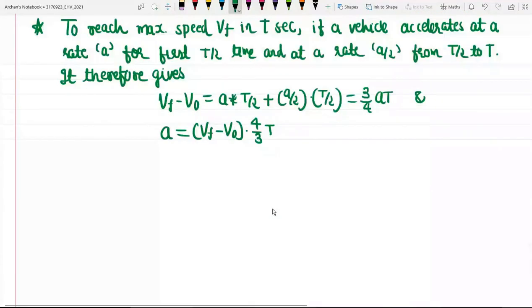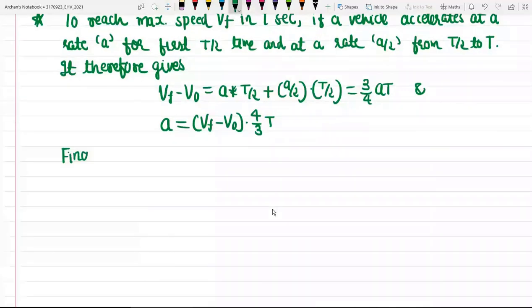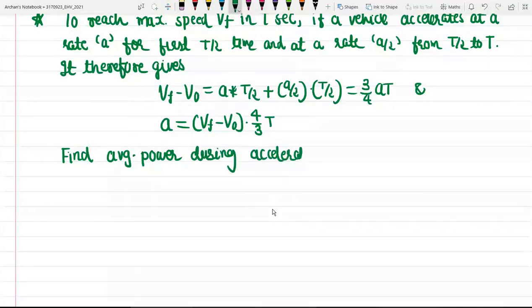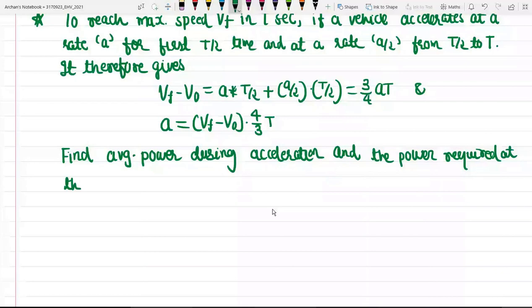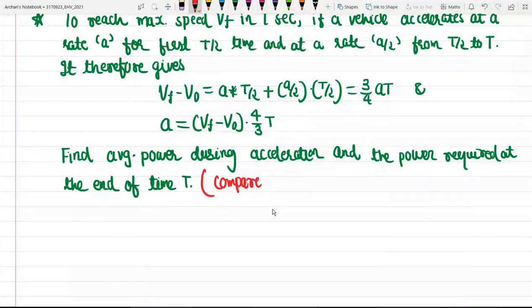So this is the data available to us, and using this data we need to find the average power during acceleration and the power required at the end of time t, and compare your result with linear acceleration.